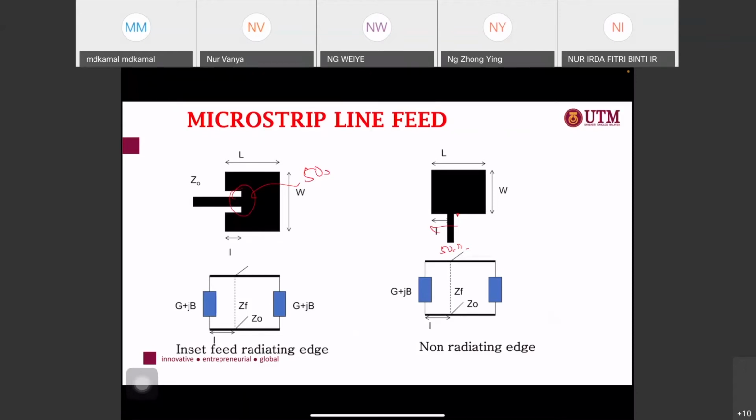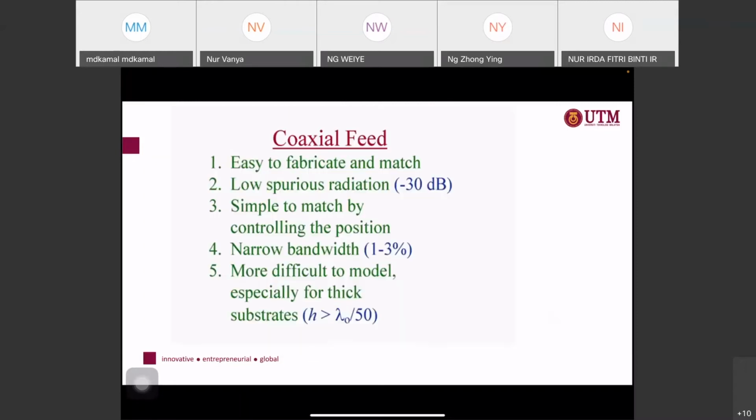If you model this, as you can see, this is the inset feed at the radiating edge, and this is the non-radiating edge here. Now if you look in detail at the coaxial feed, it is easy to fabricate and match, since you feed underneath here.